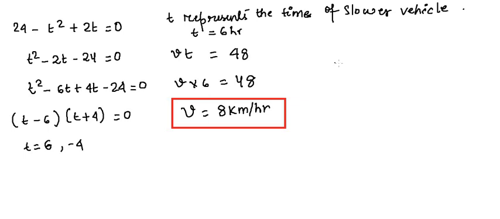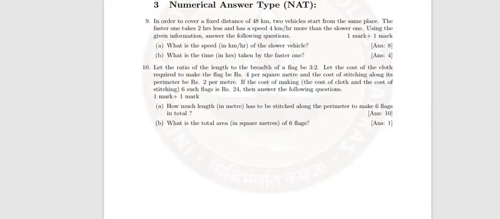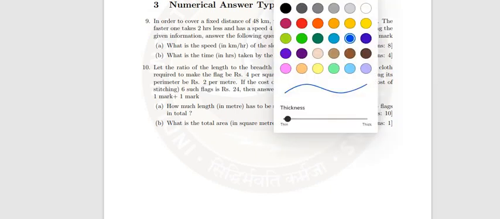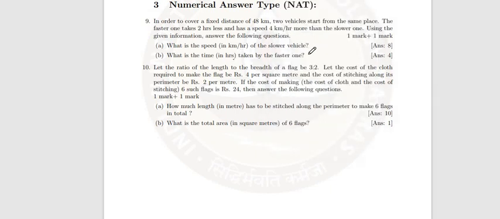So here the time will be t minus 2 for the faster one, which gives you 4 hours. According to the calculation, we got the time for the faster one as 4 hours, and the speed for the slower vehicle as 8 km per hour.